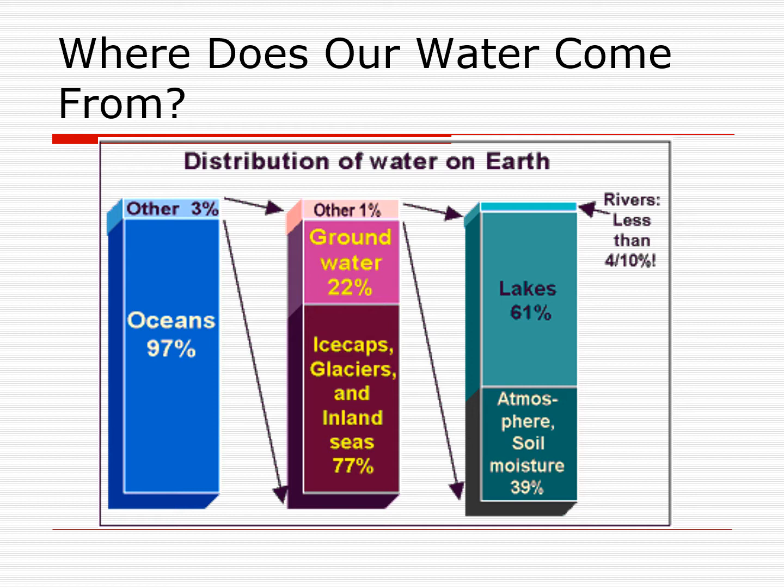And then the other 3% is broken up further into 77% of the 3% in ice caps, glaciers, and inland seas. 22% is in groundwater, and then we have the other 1%, and we break up that other 1%: atmosphere and soil moisture is 39%, lakes are 61%, and rivers are less than 0.4%.